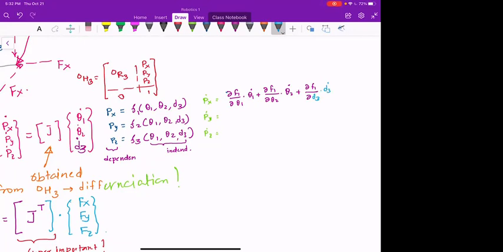Yes, so f1 is this function, right? That is f for functions.